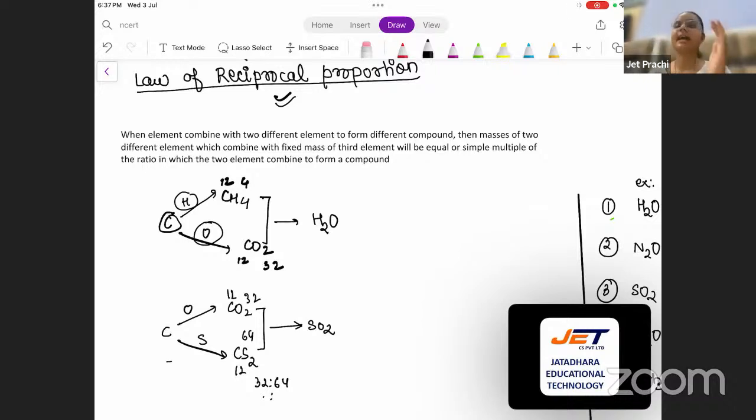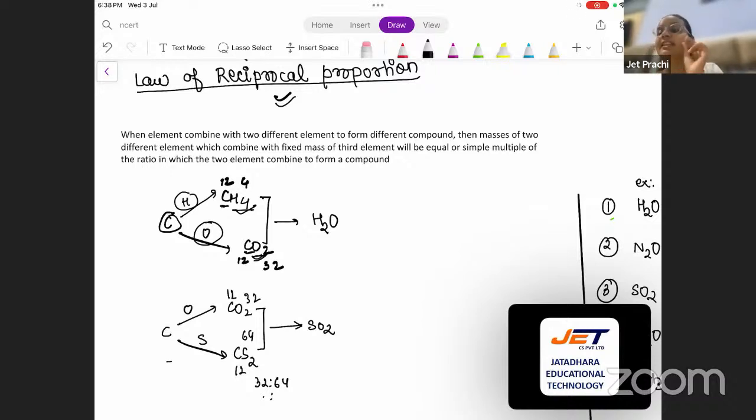Once I have got the compounds formed by the combination of these different elements with one common element, I have to see the mass ratio of the other elements that are forming the compound with the common element, by keeping the mass of the common element same. And then in the next step, I have to see the compound that is formed by the other elements that were combining with the common element.